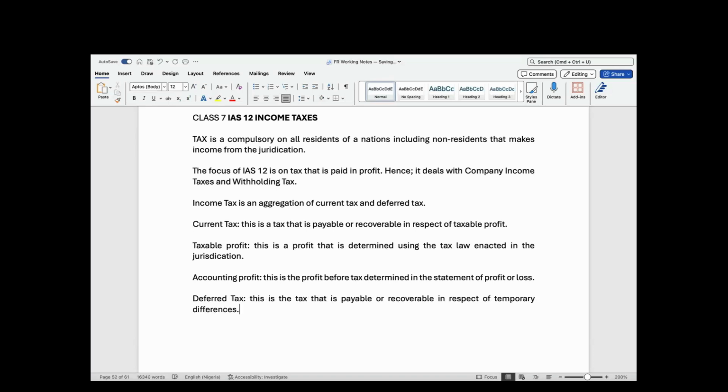Deferred tax is the tax that is payable or recoverable in respect of temporary differences.